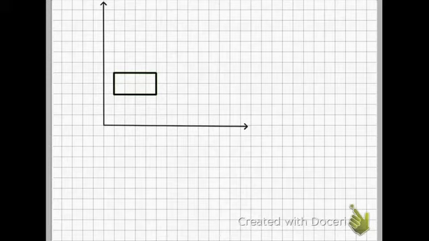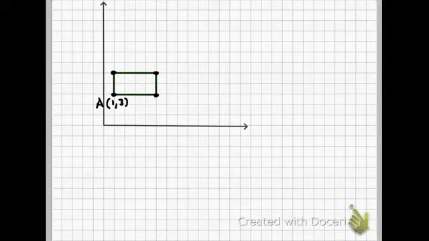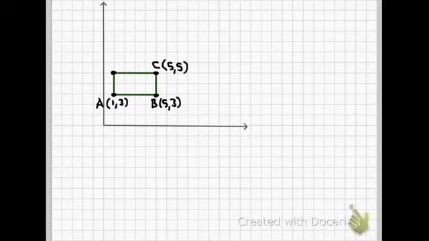And we label our points. We have 1, 3, which we'll call A. We have 5, 3, which we'll call B. We have C, which will be 5, 5. And we have D, which will be 1, 5.